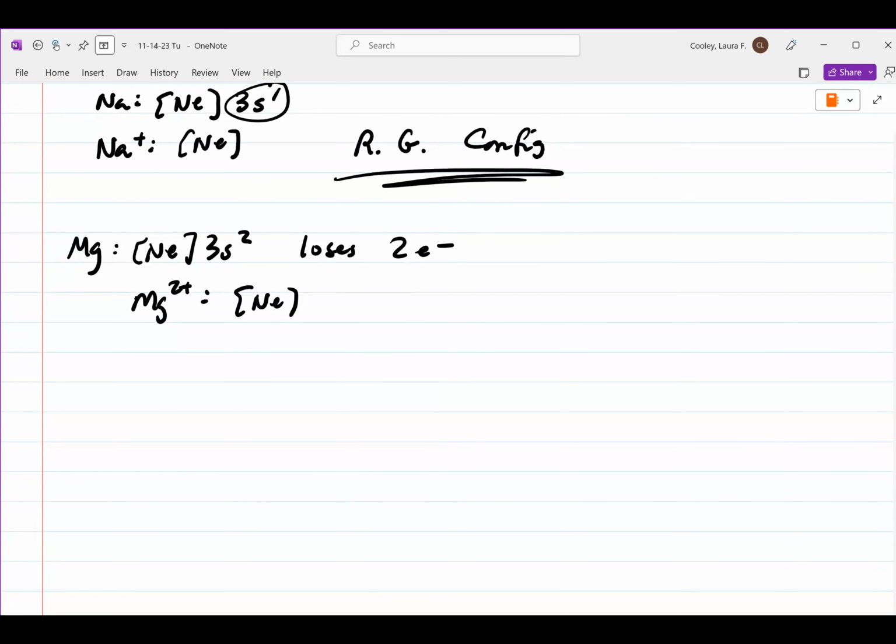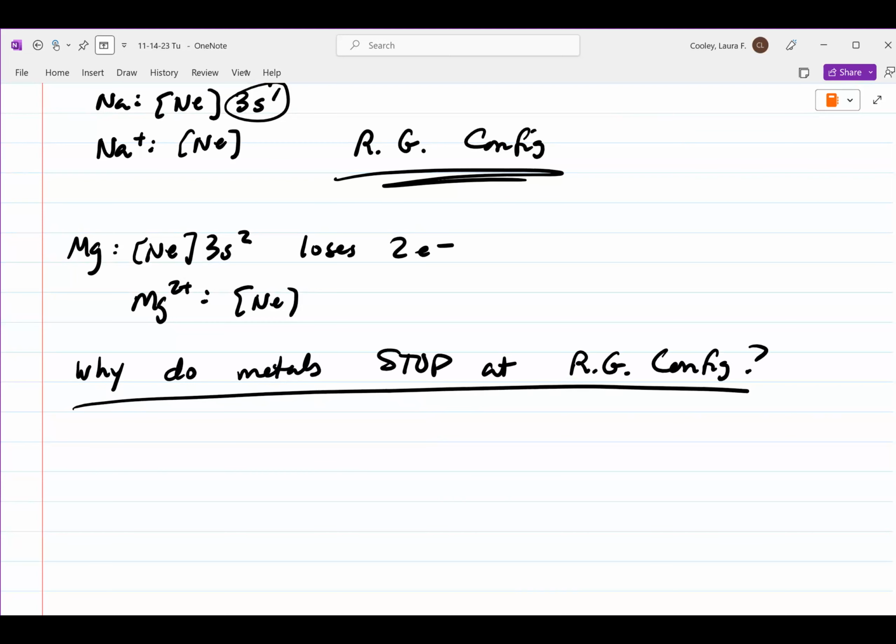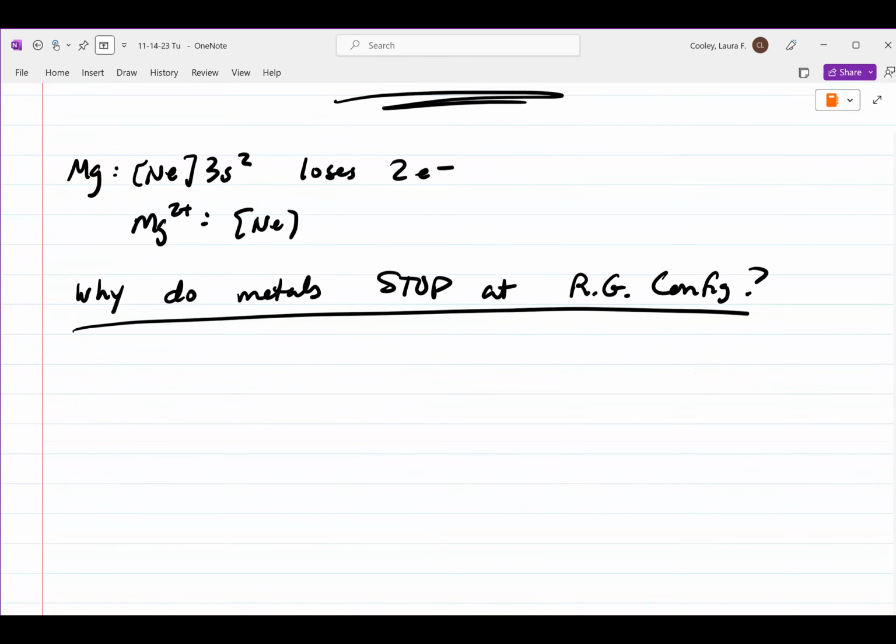You might ask this question: why do metals stop at the rare gas configuration? Let's talk about that further.